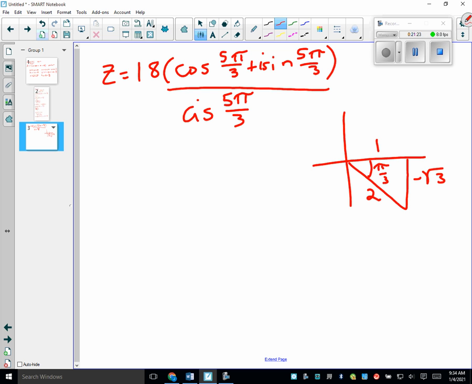Isn't it? Okay, so here we are, 18 times, what is the cosine of 5 pi over 3? 1/2 plus I, what is the sine of it? Negative radical 3 over 2, right?